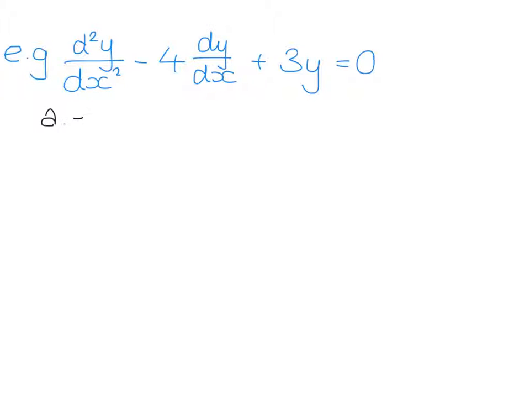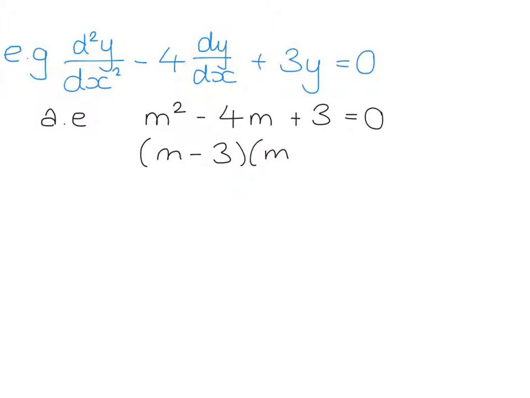Here we have the auxiliary equation m squared minus 4m plus 3 equals 0. We can then factorise this to solve it, and we get m minus 3 times m minus 1 equals 0. So we get two distinct roots. These are m1 equals 1 and m2 equals 3.